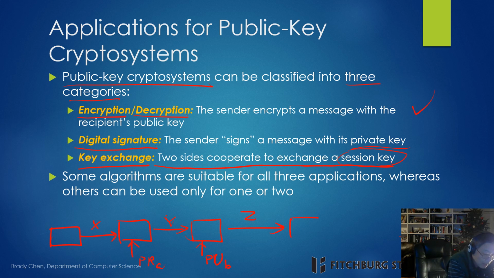And when the receiving side receives the message, the receiver is first going to use its private key to restore back to Y using the decryption algorithm. So these are paired.